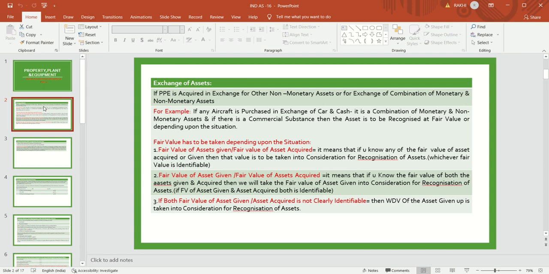Commercial substance means if any transaction is having any benefit to the company.